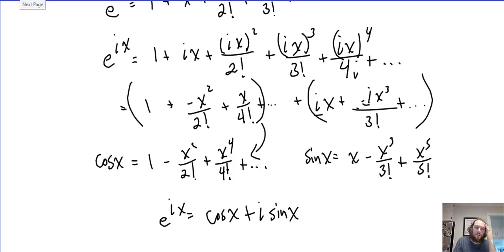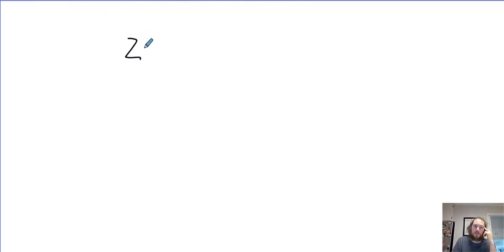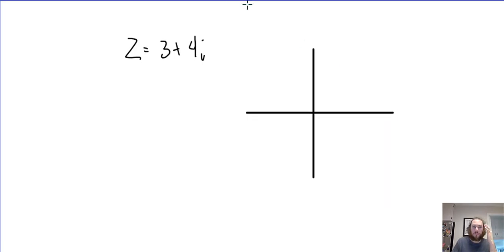So finally, if I want to take my complex number z, the one that we've been talking about, the 3 plus 4i, and I want to write this in Euler form, what we again need to do is think about its position on my complex plane. So 1, 2, 3, 1, 2, 3, 4.